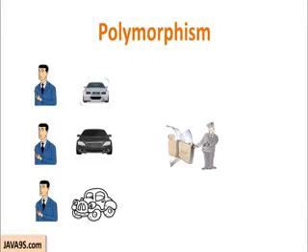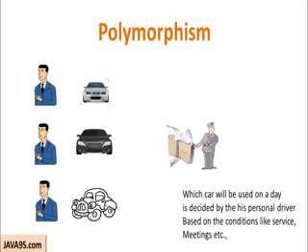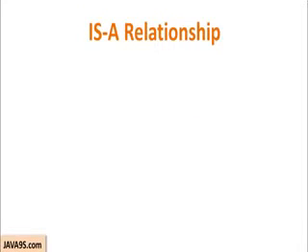So it is the driver who takes up the car and drives the CEO to the office. Let us look at the IS-A relationship, which is the basis for the overriding concept. When there is inheritance, there is an IS-A relationship between the classes.